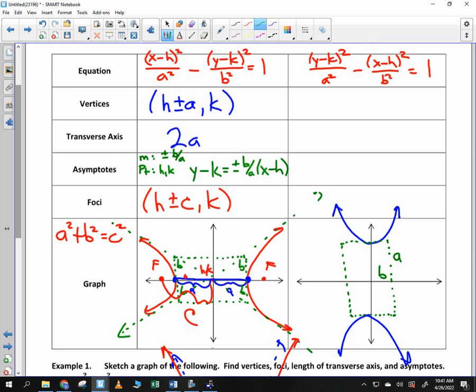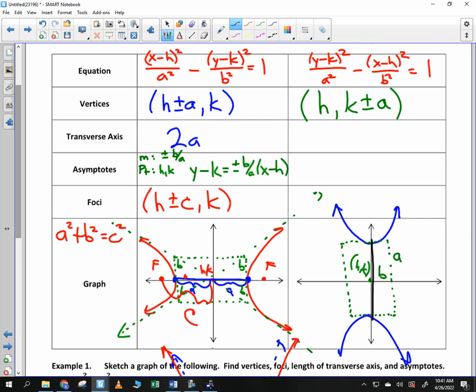Got that? So the vertices are going to be located, obviously the center is still h, k, but now we move vertically, so it's going to change the k value. So it's h and then k plus or minus a. So you move a units from the center. The length of the transverse axis, that's the distance between the vertices.